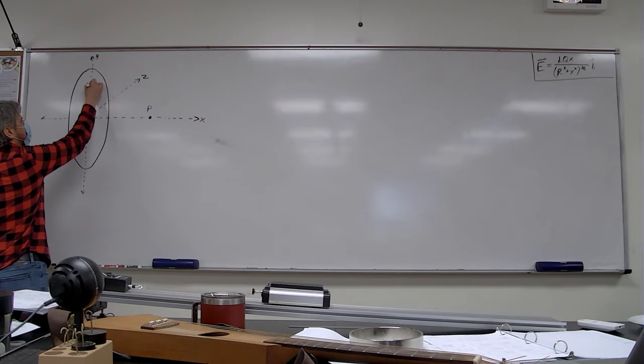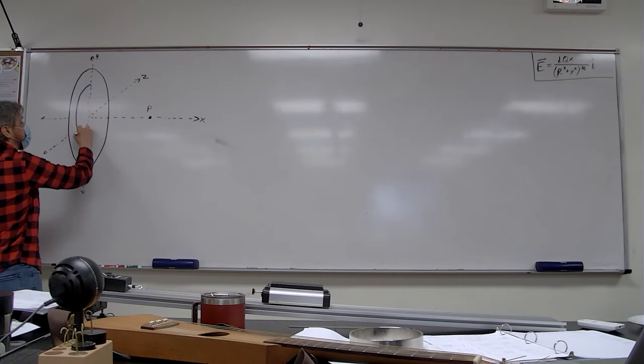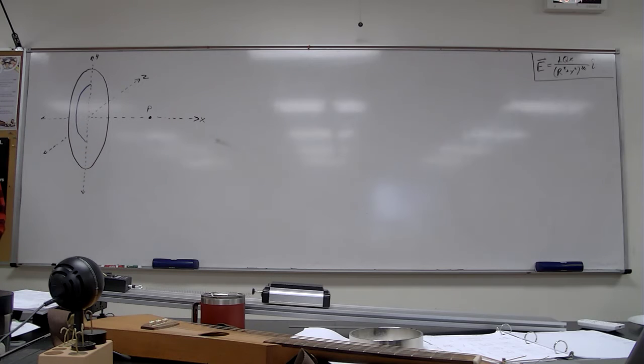So I'm going to draw a representative dQ, but it's represented by a thin hoop.